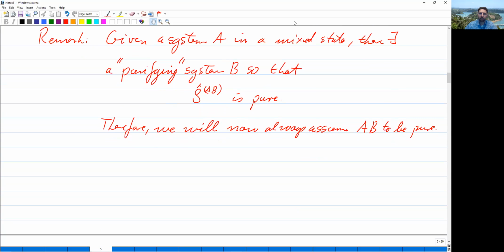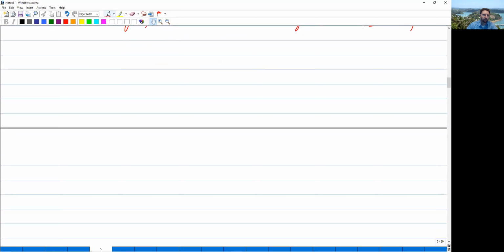All right. What is it we found out about the relationship between purity and mixedness on one hand and entanglement or unentanglement on the other hand? Let me remind you of the basics here, because it's so important.